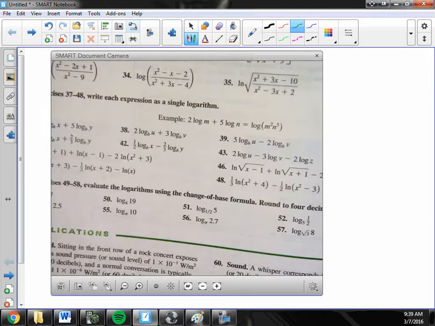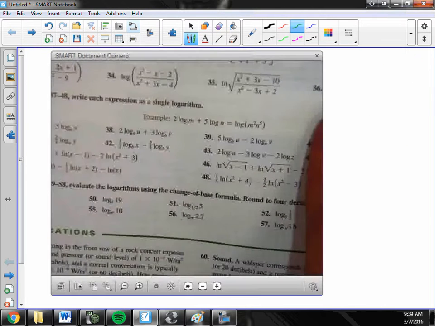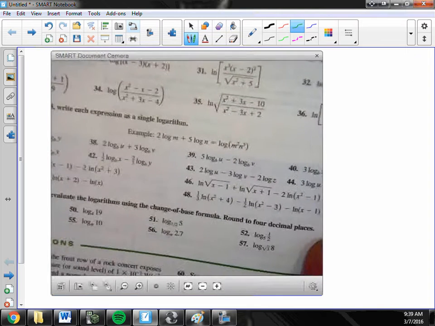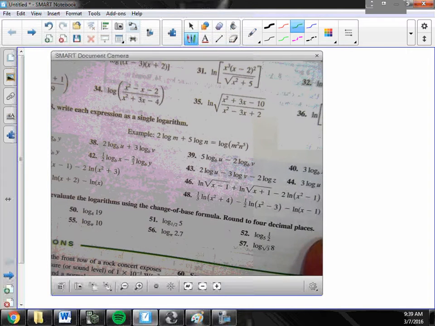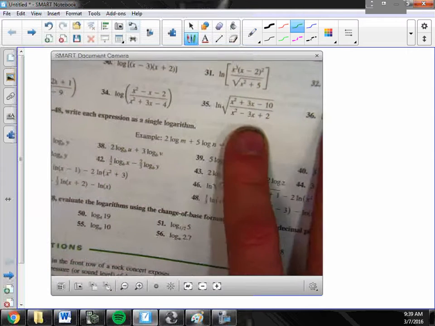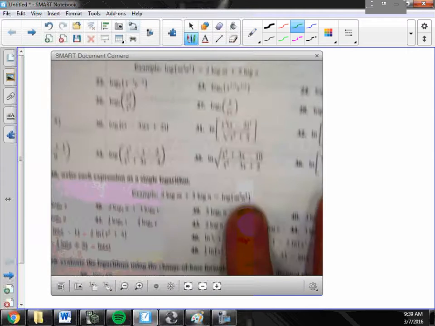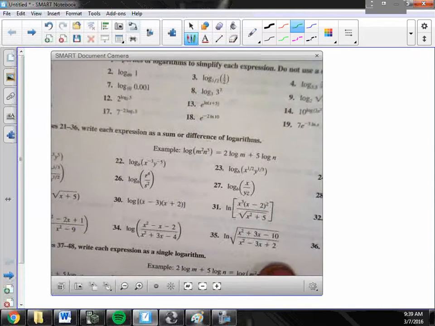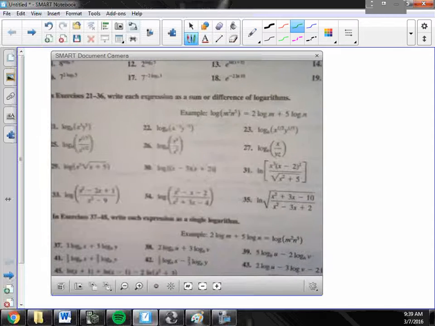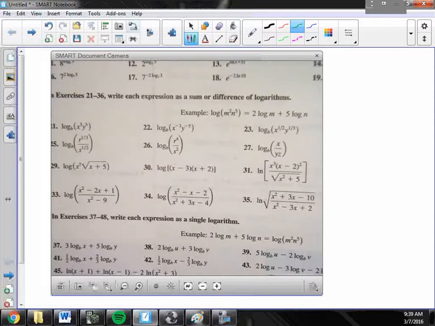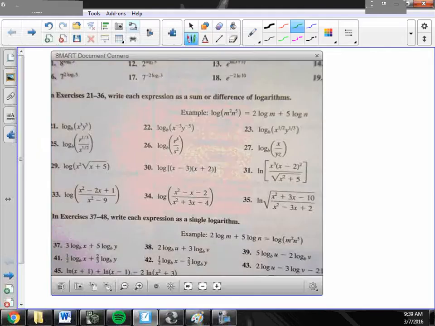Okay, so take a look at 382. We'll start at 22. Cynthia Young wants you to pull the exponent down.